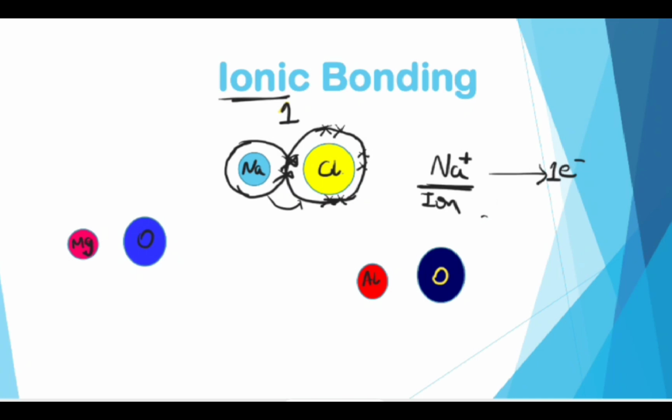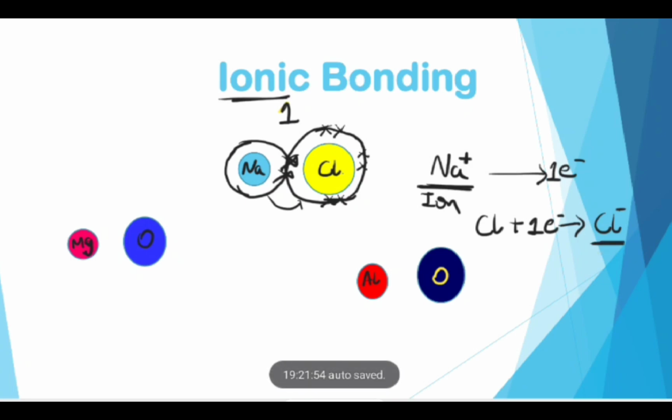On the other hand, chlorine has 7 in its outermost shell, but it is accepting 1 electron. So the negative charge in the atom increases, no longer neutral. Hence, chlorine will acquire 1 negative charge.